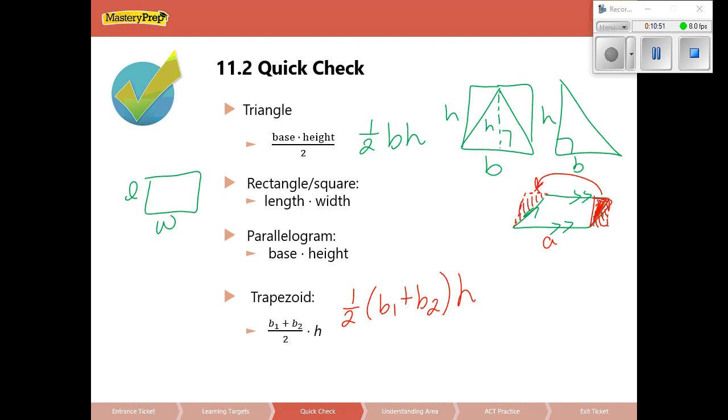We can take a trapezoid here, flip it, and add it back to itself. This is base 1, and this would be base 2 and base 2, which would mean that the overall length of this here and this here would be exactly the same.